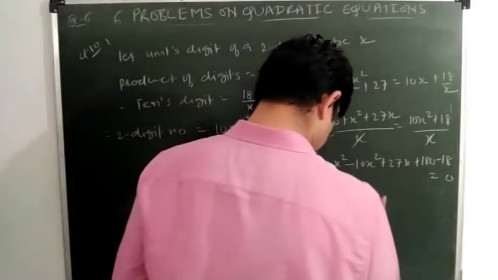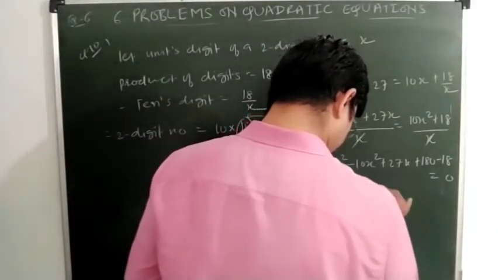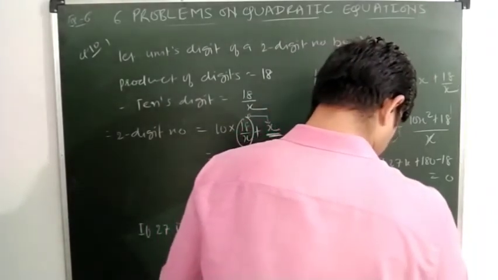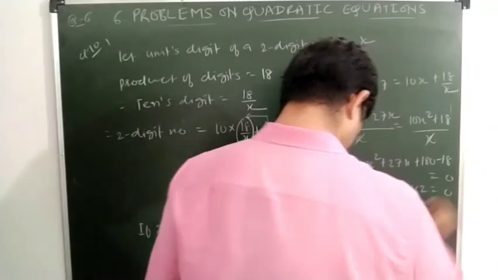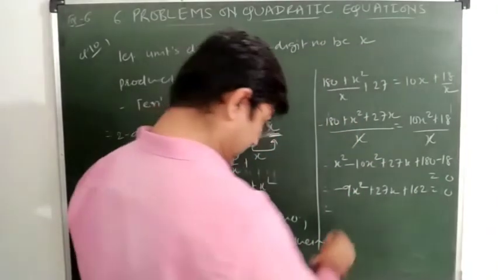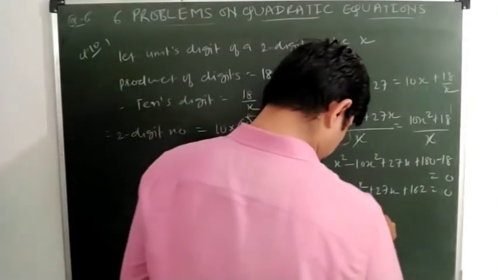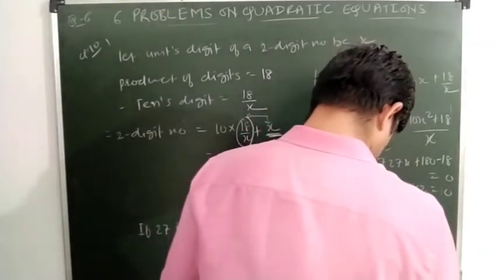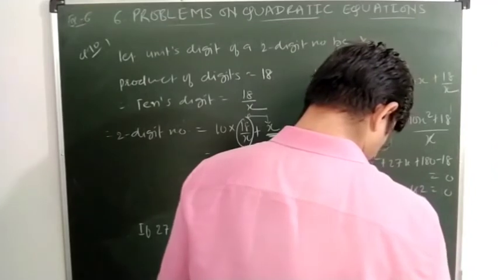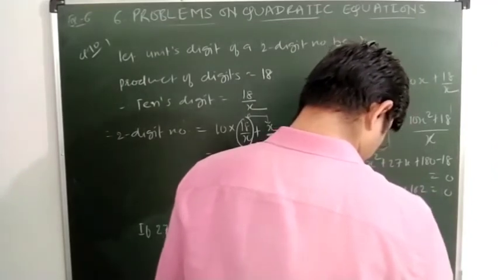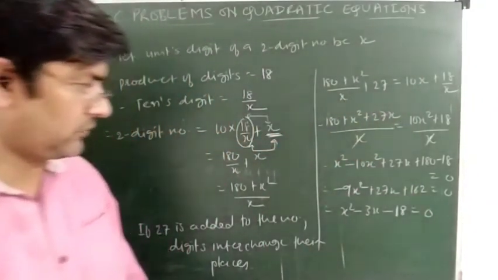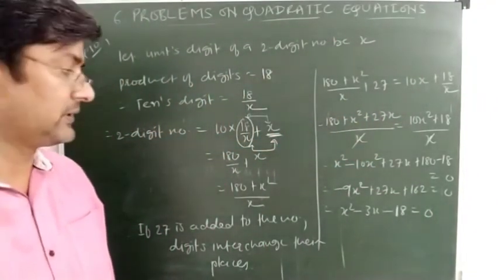Therefore minus 9x square plus 27x plus 162 is equal to 0. Taking minus 9 common, x square minus 3x minus 18. Now find two factors of 18 so that the difference is 3.